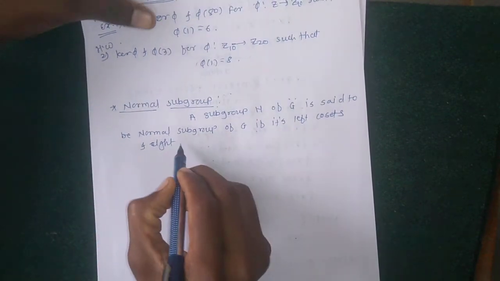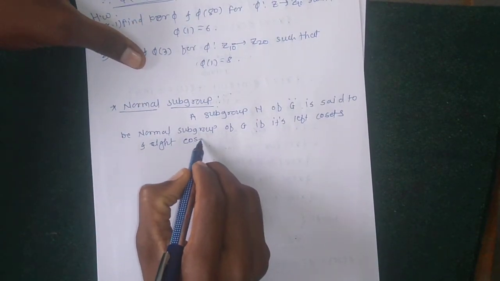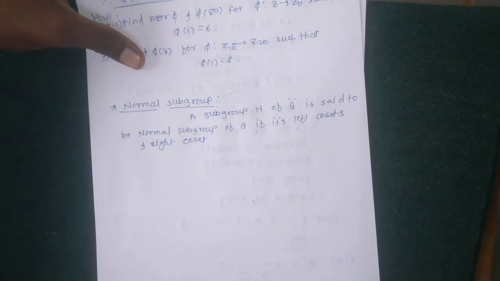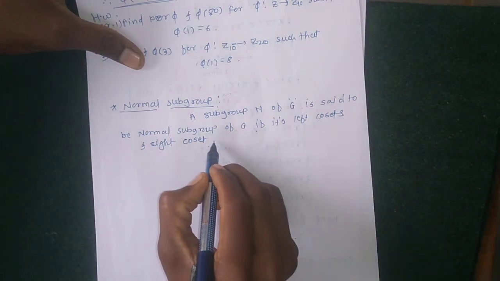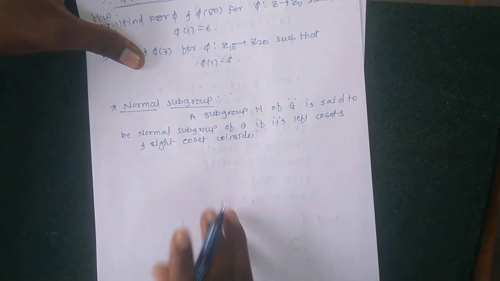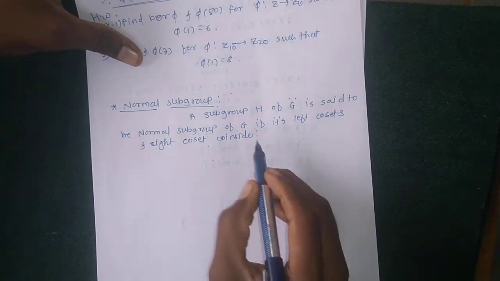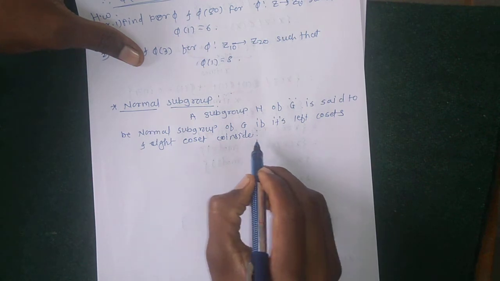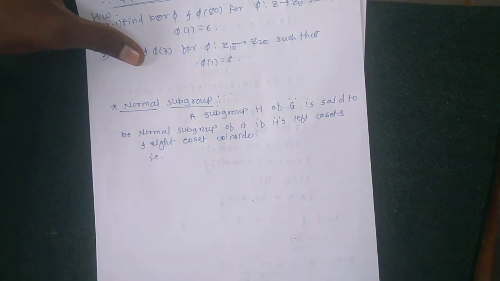If its left coset and right coset coincide, that is, left and right cosets are same.